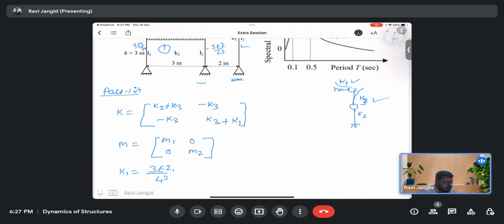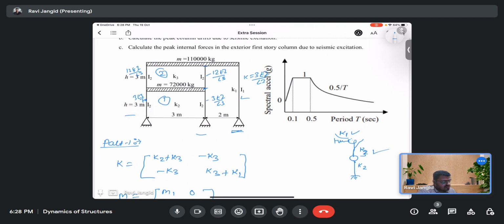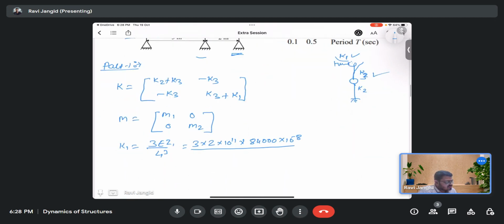So if I put in the values, that becomes 3 into 2 into 10 raised to power 11 into 84,000 into 10 raised to power minus 8, divided by 6 cubed, where the height is 3 plus 3, which is 6. If you solve this, that comes out to be 2.33 into 10 raised to power 6 Newton per meter, or you can write it as 2.33 mega Newton per meter.